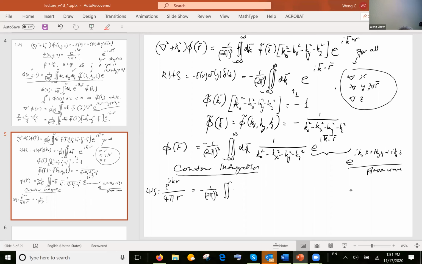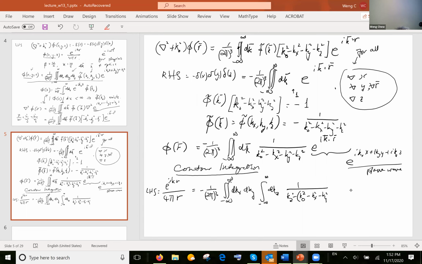I can leave the dkx, dky integration outside first, and then put the dkz integration in the innermost position. I can write this as kz squared minus k naught squared minus kx squared minus ky squared.